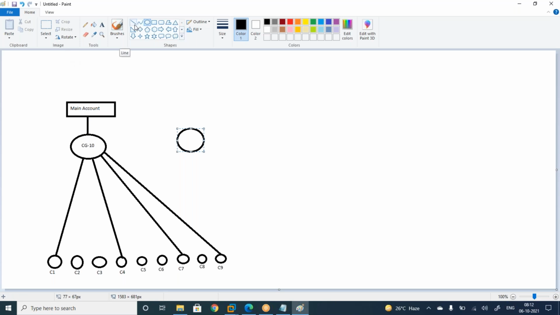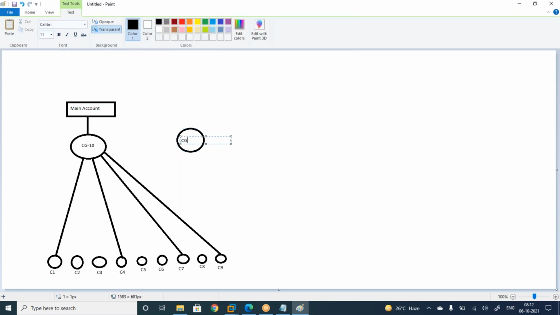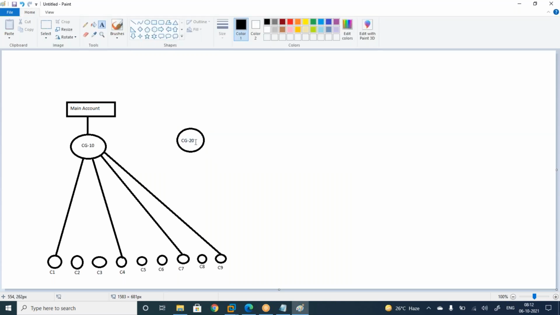Next one is customer group 20, something like Warangal customers or Chennai customers. So customer group 10 is Hyderabad, 20 is Chennai. Now I'm mapping to this one.